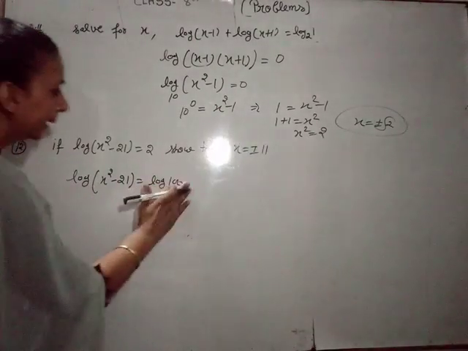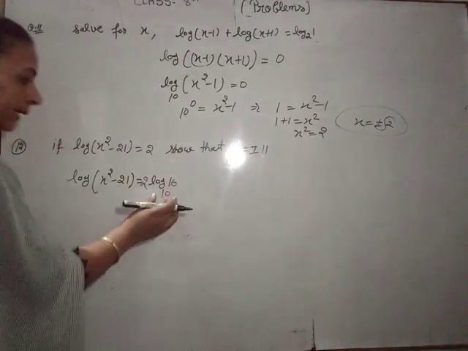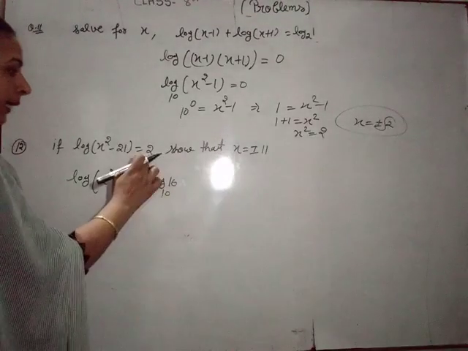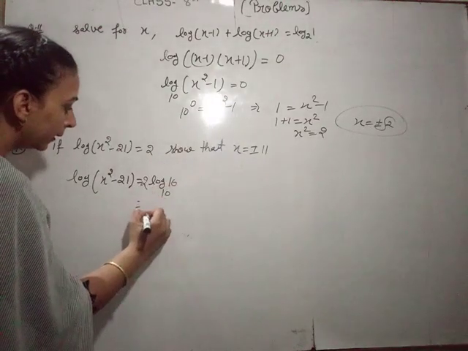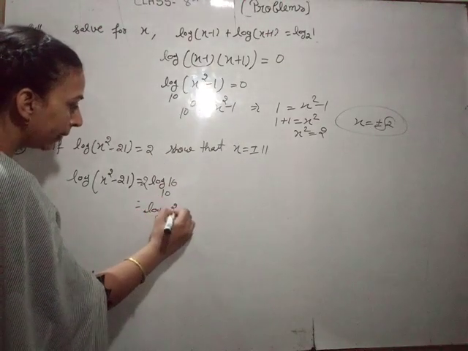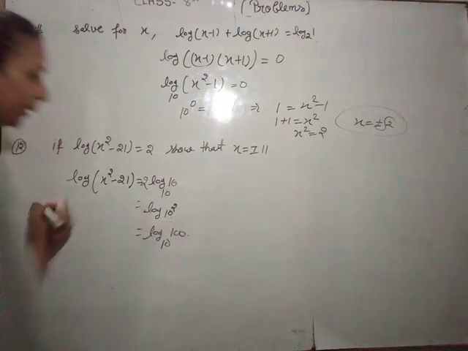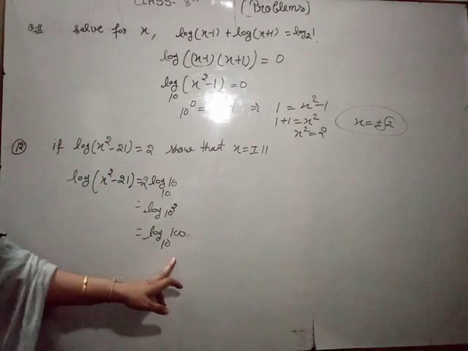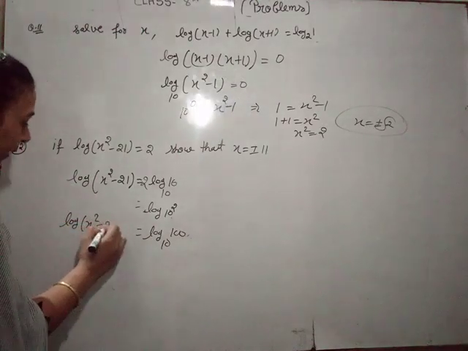We know that 2 times log 10 at base 10, this equals 2 multiplied by 1, then 2, and we take 2 as the power of 10. Log of 10 raised to the power 2. This implies log of 100 at base 10. Okay. So we take this log 100, and this is log of x squared minus 21.